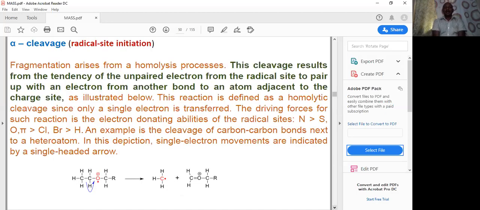Next, we have discussed the types of cleavages, that is, how the fragmentation occurs. Here we have discussed alpha cleavage, and homolytic and heterolytic cleavage. So how do homolytic cleavage and heterolytic cleavage occur? This is one of the examples of homolytic cleavage, that is alpha cleavage.